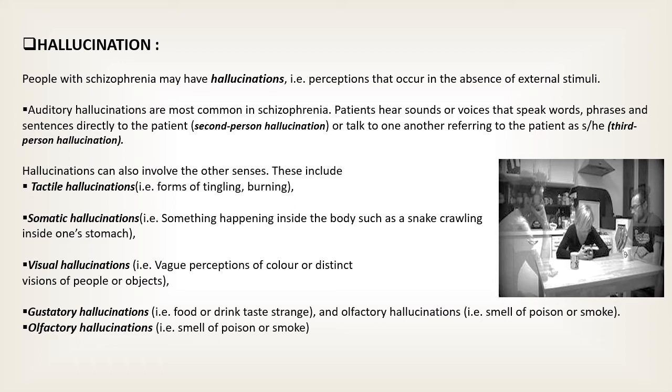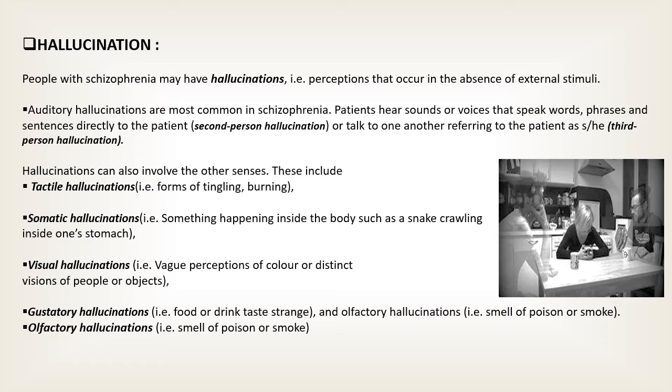With hallucinations, we have some common types. Auditory hallucinations are the most common in schizophrenia. Auditory, that is, patients hear sounds or voices that speak words, phrases, and sentences directly to the patient. That is second person hallucination.